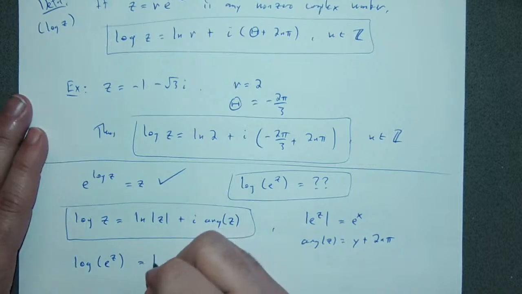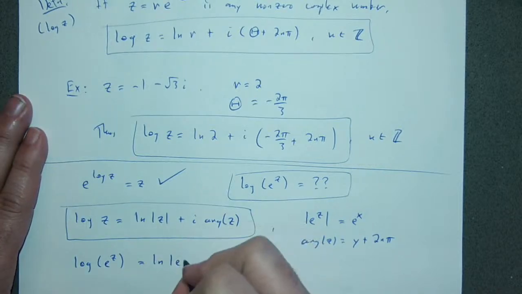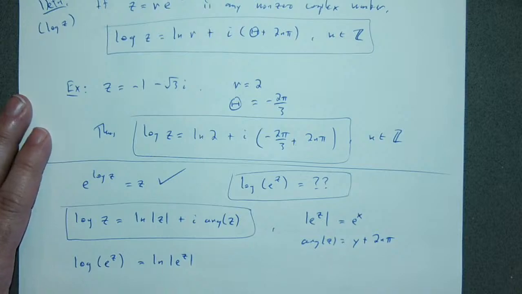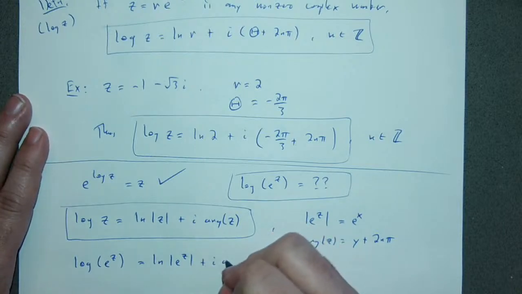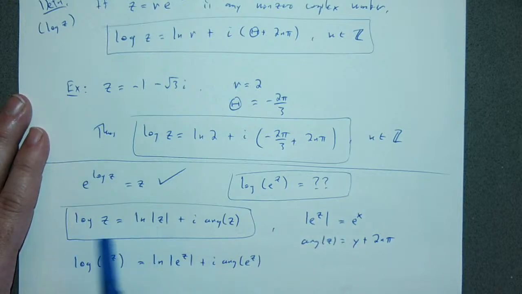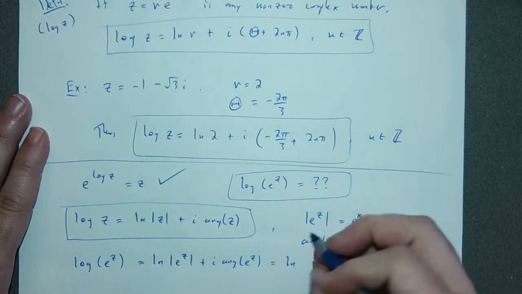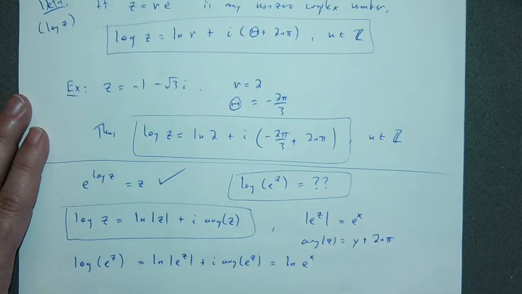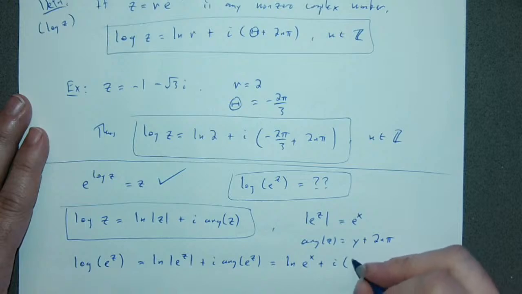I get the natural log of the modulus of e to the z, plus i times the argument of e to the z. It's just directly from rewriting log z in terms of this.